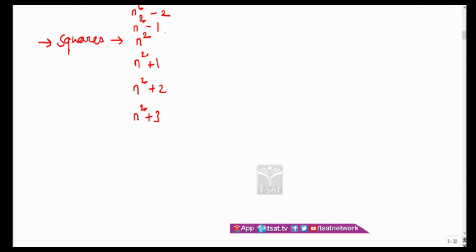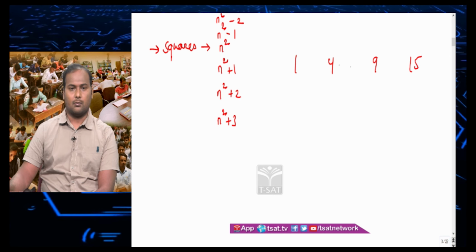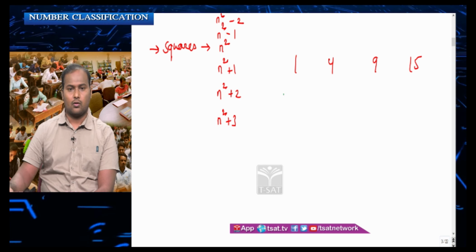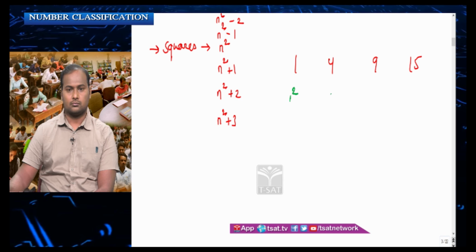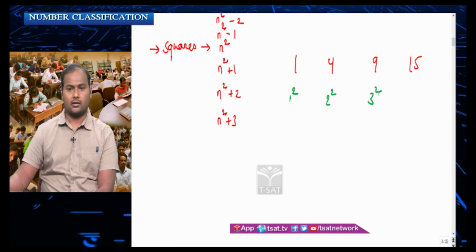For example, look at one question. Simply he will give 4 numbers, and you need to identify a common character. If the question is like this, we need to classify these numbers into one particular group based on a character. The moment I see this, I know 1 square is 1, 2 square is 4, 3 square is 9.